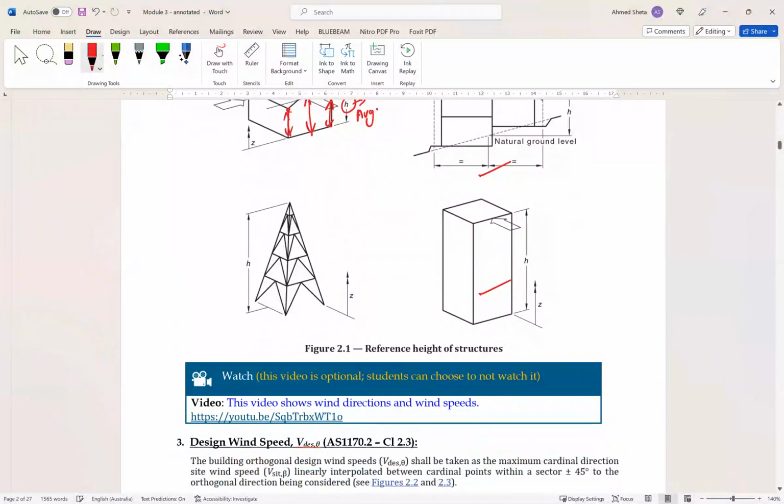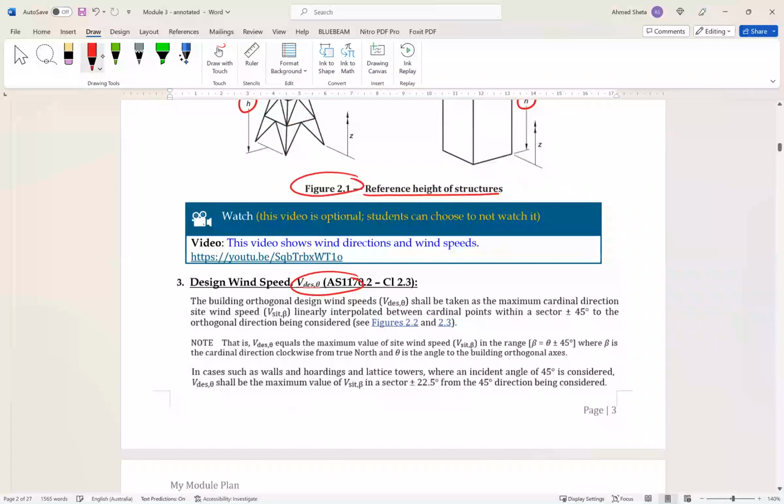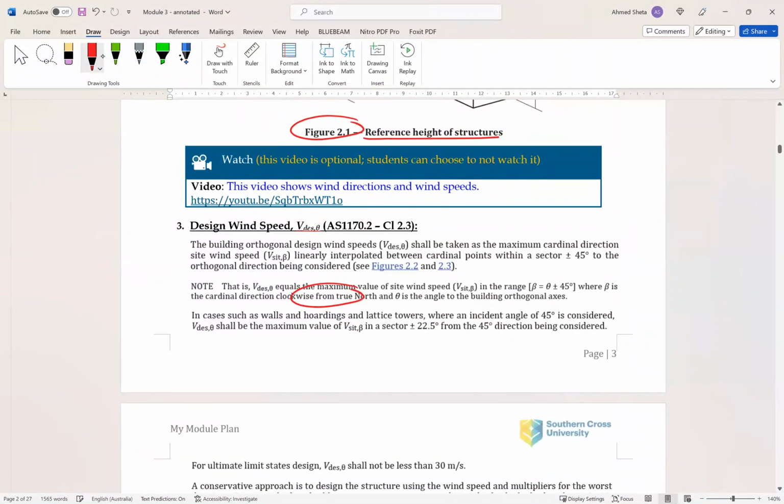Here the height is a regular height, all points are the same, so this is h. So this is the reference height of the structure according to the Australian standard. There is an optional video to watch, showing you the wind direction and wind speeds.